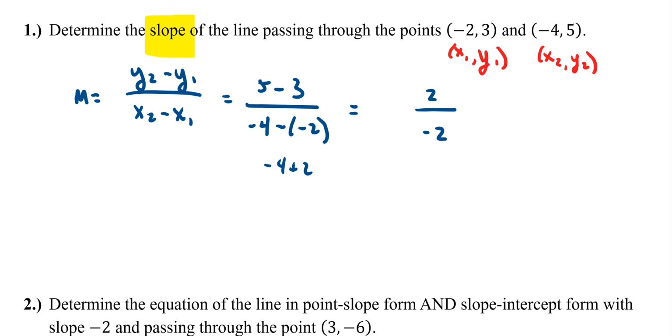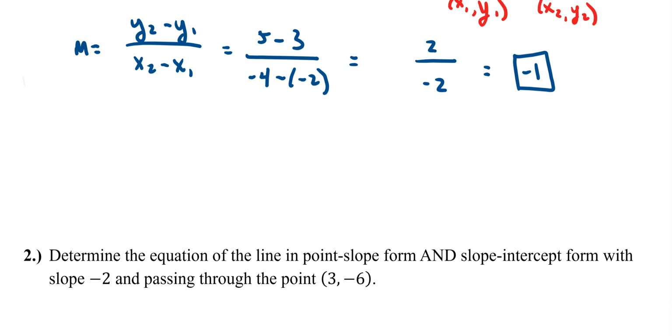So just be careful when you're subtracting the negatives. Always simplify fractions. This actually simplifies to a nice integer. This simplifies to -1. So the slope here is -1. Also, between these 2 points, remember a positive slope means the line is increasing. A negative slope means the line is decreasing.